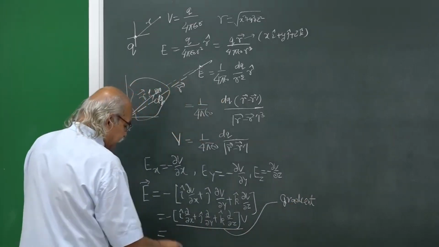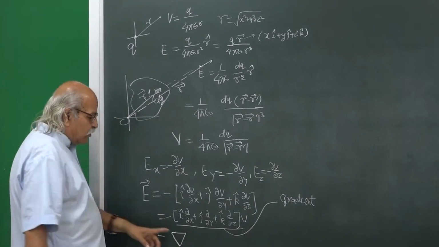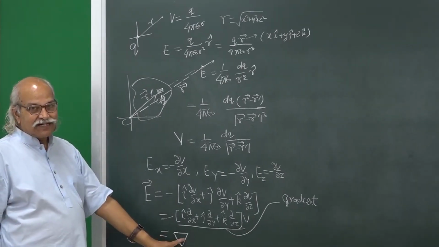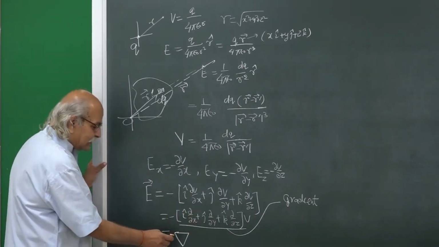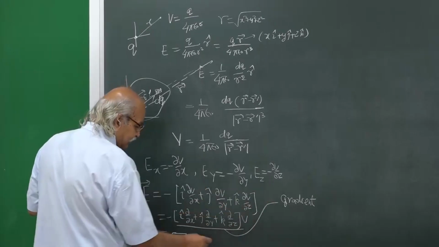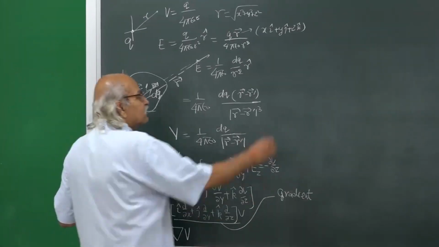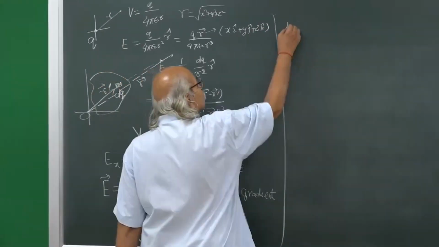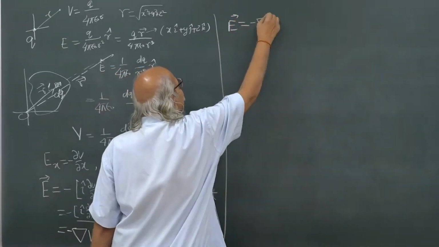Its symbol is just an inverted triangle without any dot, without any cross, just this inverted triangle. So, this minus here and this gradient operator here and v. This is a very general relation for electrostatic field, that is E is equal to minus gradient of v.